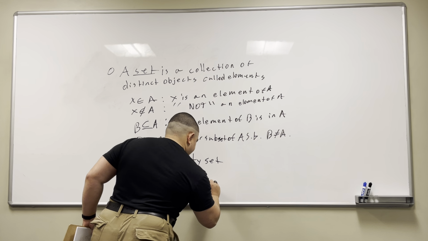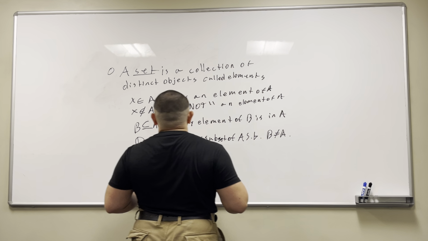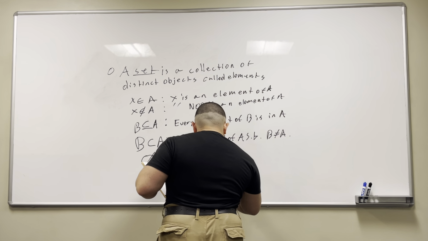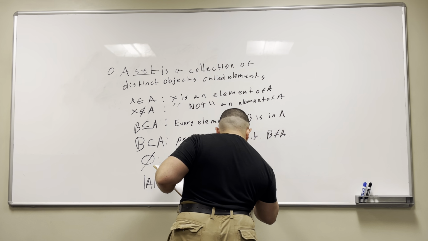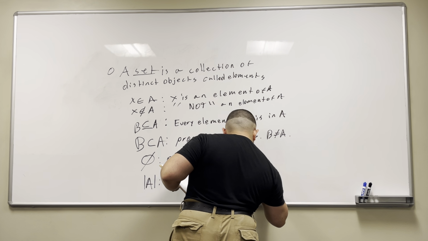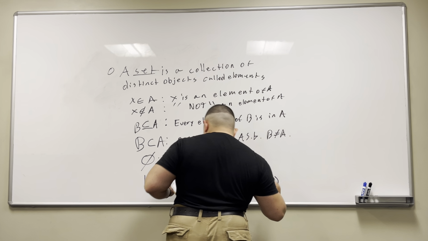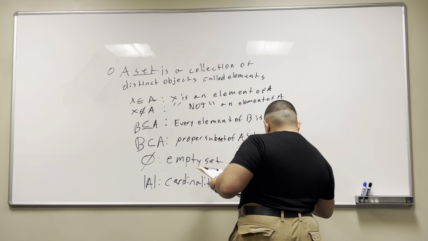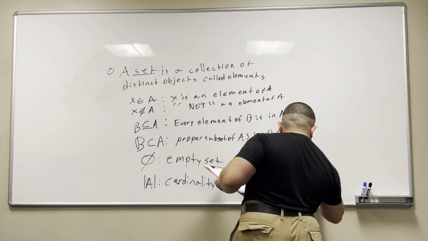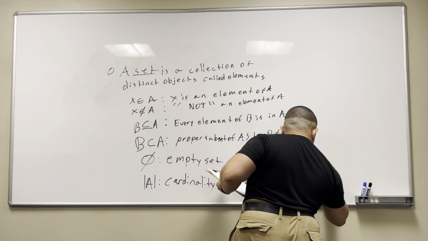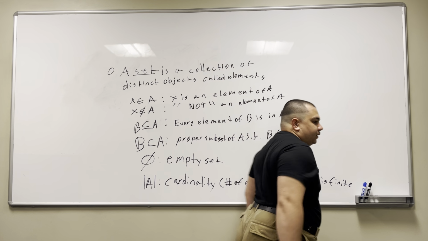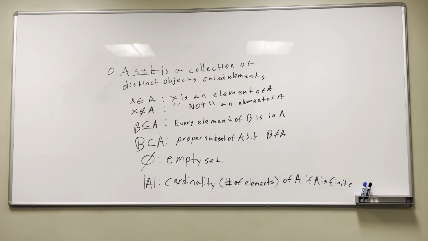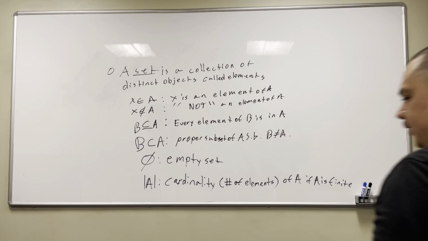So you can kind of see the approach we're having here, starting with the basic elements of the thing, and in this case, the number of elements. Right? So if A is finite. So that's just general set notational stuff that we'll be using consistently.